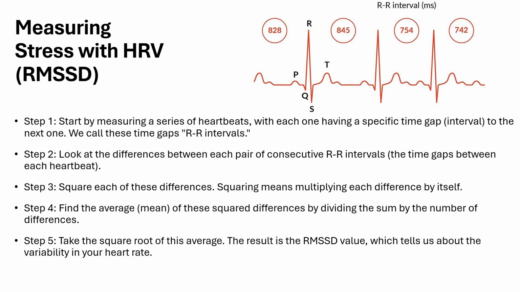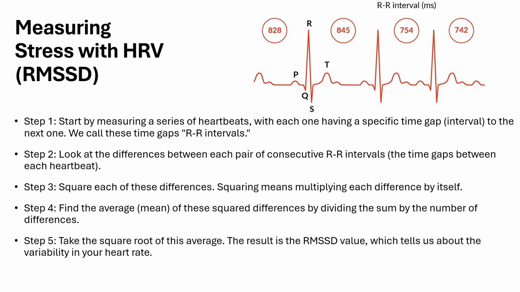So the first thing to do is find the RR intervals between these peaks. Step 2 is looking at the difference between each pair of consecutive RR intervals, so the time gaps between each heartbeat. The third step is just to square these differences. Squaring means multiplying each difference by itself, and this just gets rid of any minuses we might have. Step 4 is to find the average, or the mean, of the squared differences.